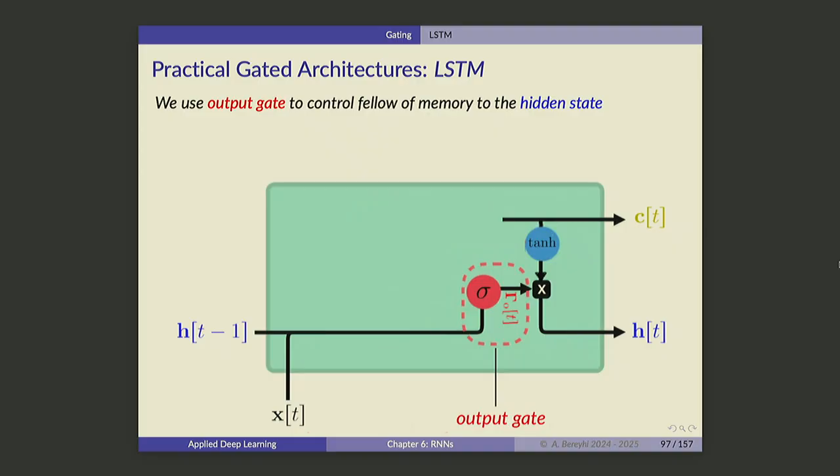You compute short-term memory, but you keep it for a long time. So your memory is able to carry information about one part of the sentence, for example, or some specific parts of the sentence. That is a short memory, right? But you want to carry it for a long time. The idea of gating was for that.